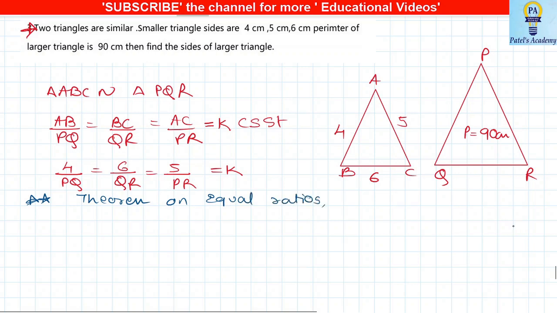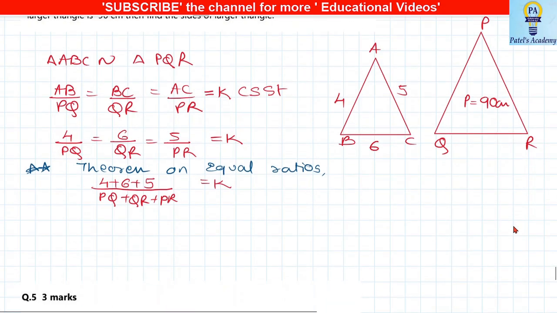What is the property of theorem on equal ratios? If I do 4 plus 6 plus 5 over PQ plus QR plus PR, that is equal to K. Yes, this is the theorem on equal ratios.